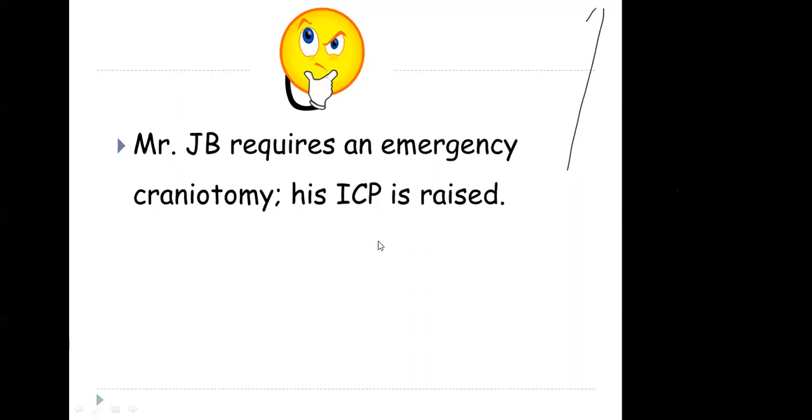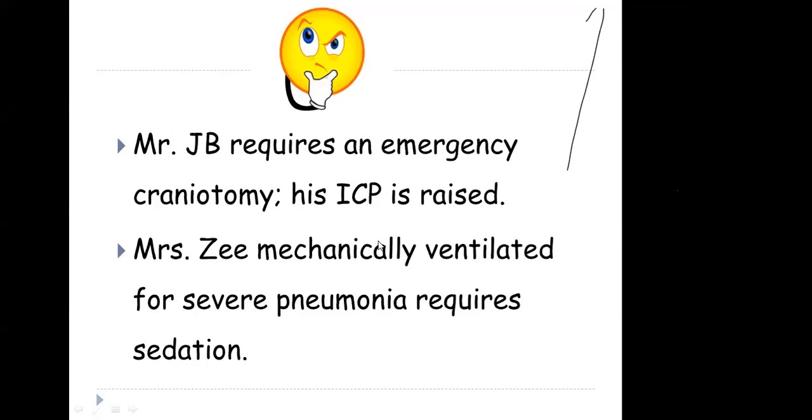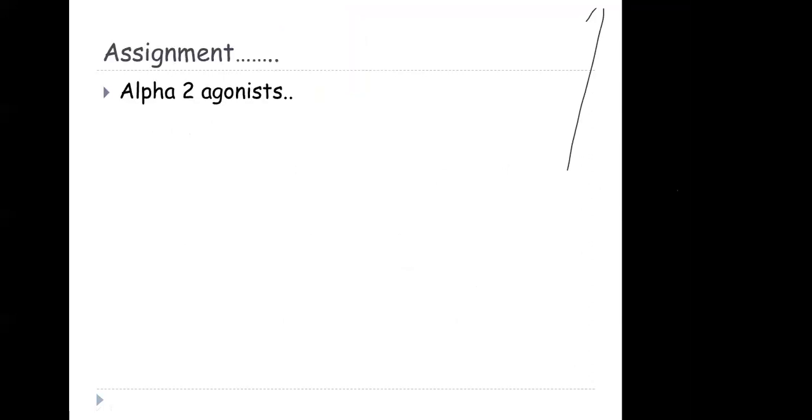The person who asked about baby Dunia, you will ask your friends. The mechanically ventilated one, I'll leave that one to you. I'll put my email address in the chat, and then you can send questions. For this assignment, the other drug which falls here is an alpha-2 agonist, which is dexmedetomidine.